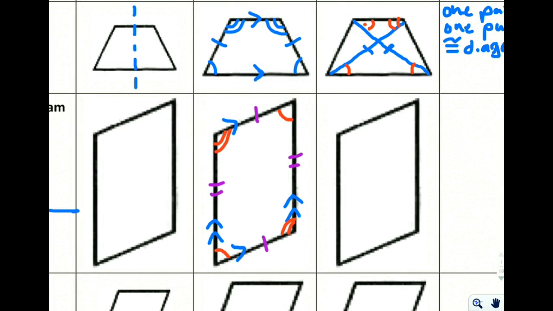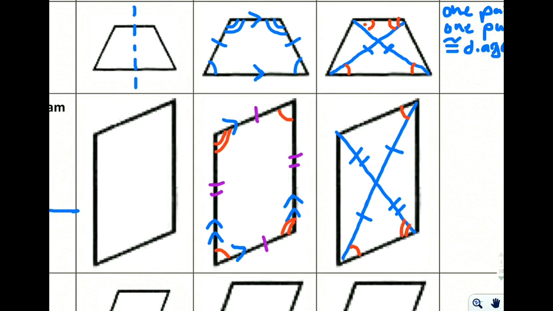You also get a lot about their diagonals. So if you draw in those diagonals here, the diagonals are going to bisect each other, which means they're going to cut each other in half. So that's leaving you with equal pieces on either side of the diagonals. Along with that, because of the parallel lines, you get alternate interior angles all over the place. So we have these two across from each other that are alternate interior.